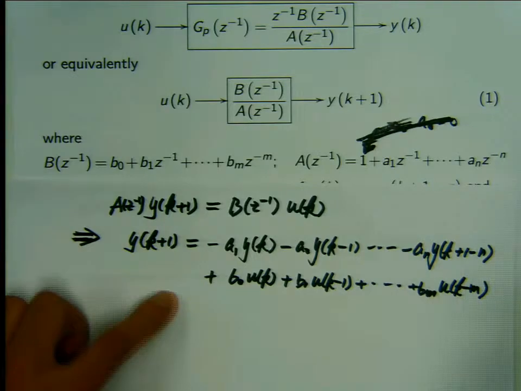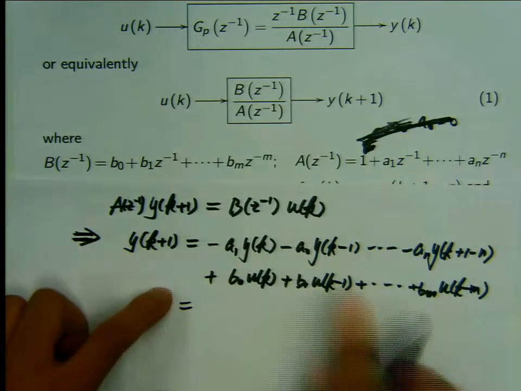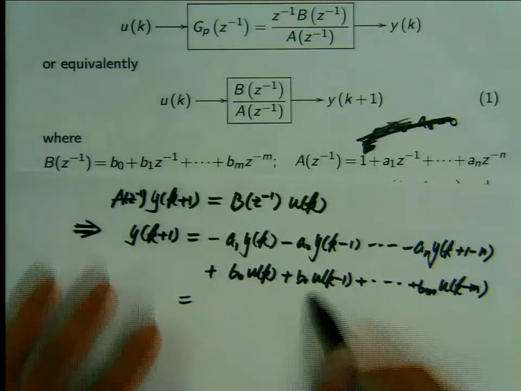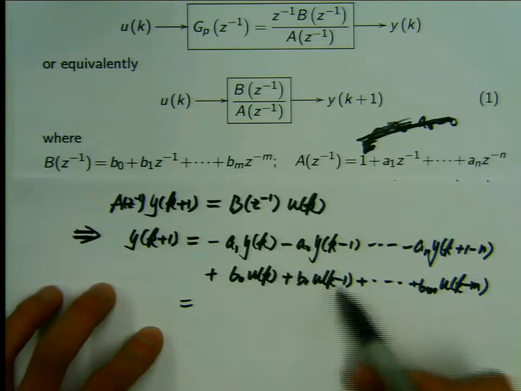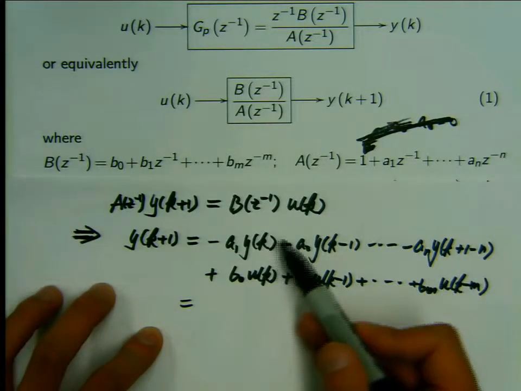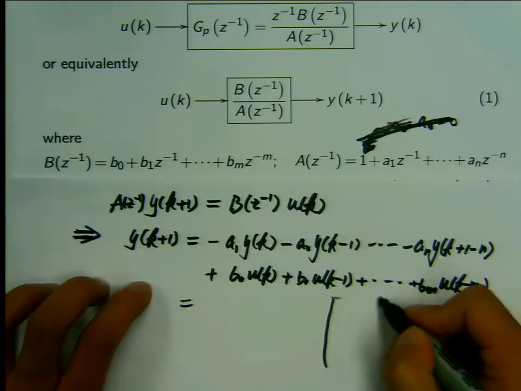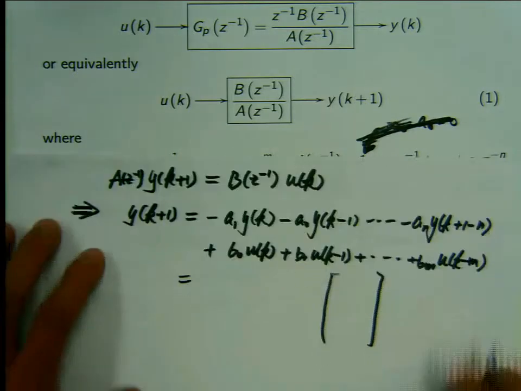Okay? So the essential message is exactly the same. You see, all this information, y_k, u_k, is collected information about the system, either from the measurement or from the input.